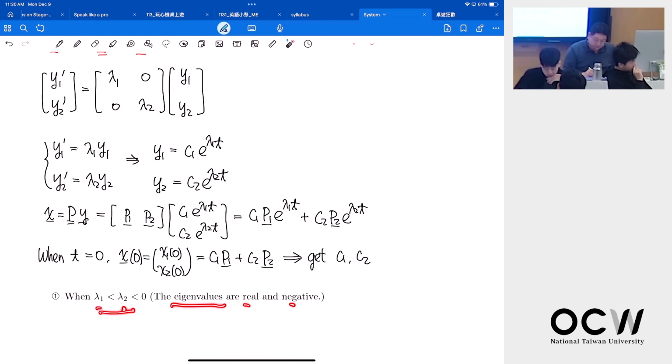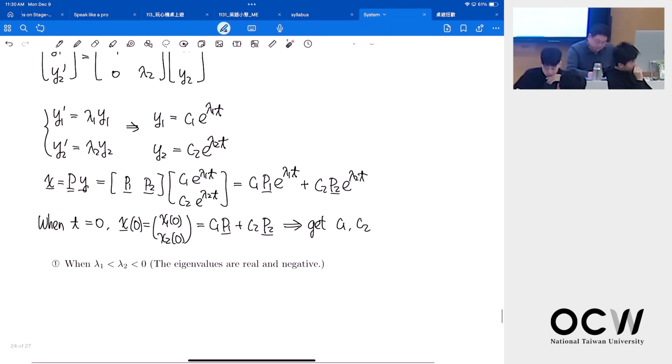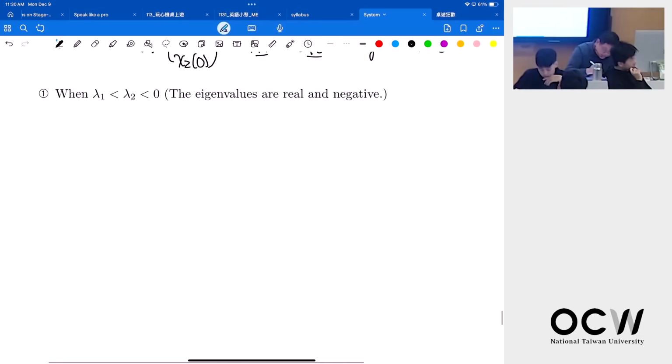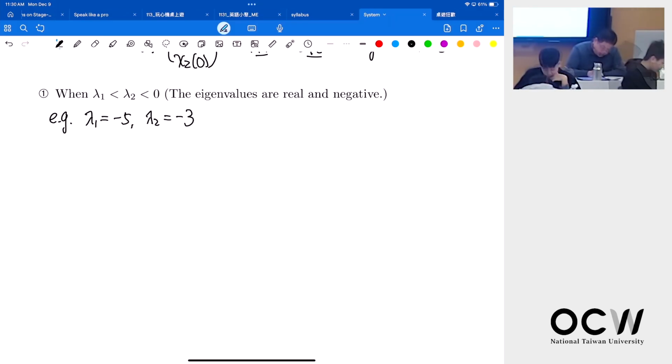So if they are different, for example, say lambda 1 equals minus 5 and lambda 2 equals minus 3, then your x is c1 p1 e to the minus 5t plus c2 p2 e to the minus 3t.